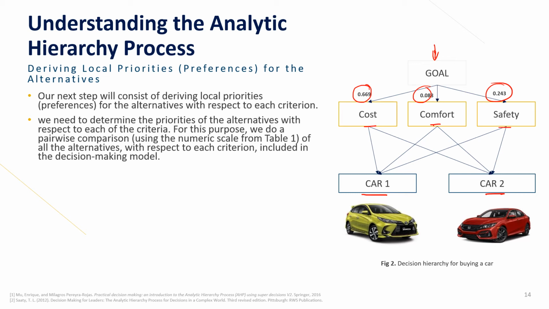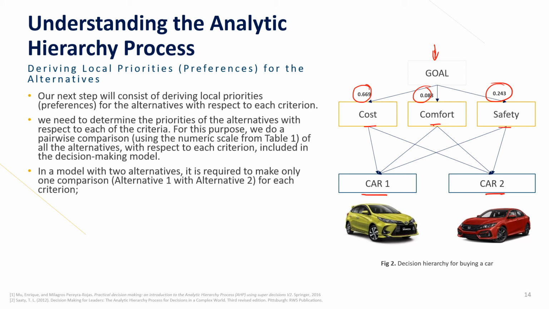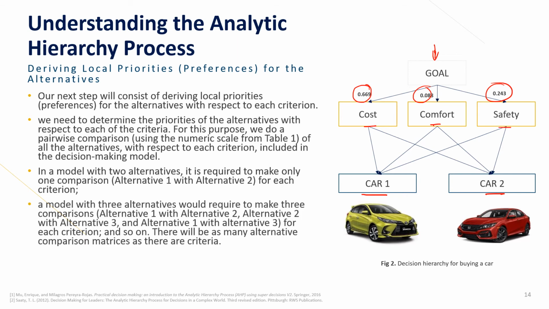Let's say in terms of cost, car 1 and car 2, which one is more important. So in a model with two alternatives, it is required to make only one comparison, because there are only two alternatives.